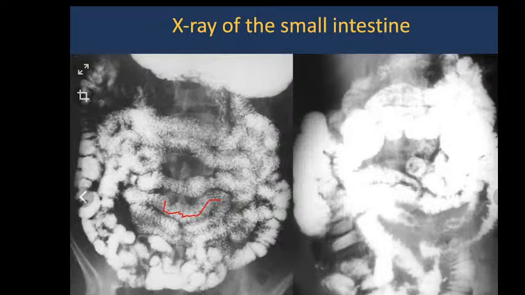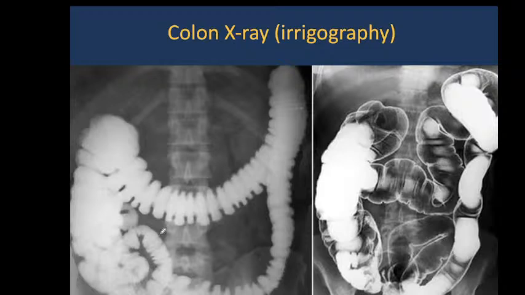Another picture shows the same organ, but this examination is called irrigography, when doctors inject or fill it with barium. The special term is barium enema, inside the large intestine through the rectum, and barium comes this way and fills all parts of the colon.